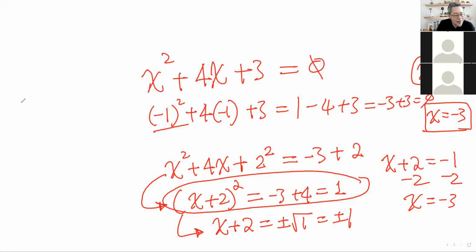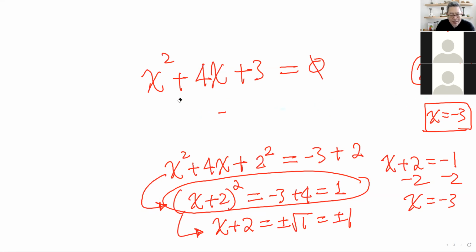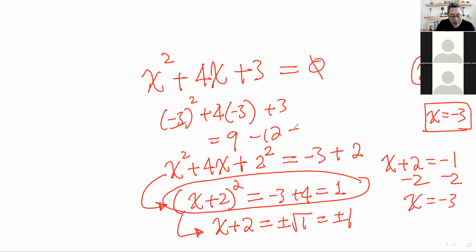We just check. Another one is negative 3. We can go back and check. We got negative 3 squared plus 4 times negative 3 plus 3, and that is 9, and this is negative 12, then plus 3. 9 minus 12 is negative 3. Negative 3 plus 3 is 0.